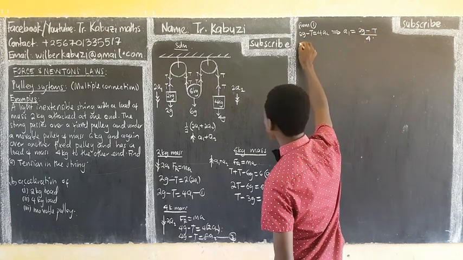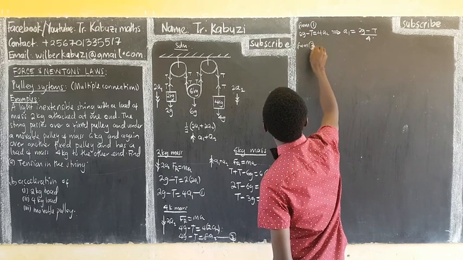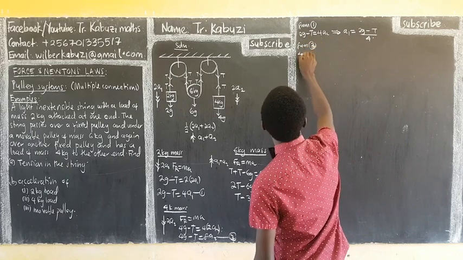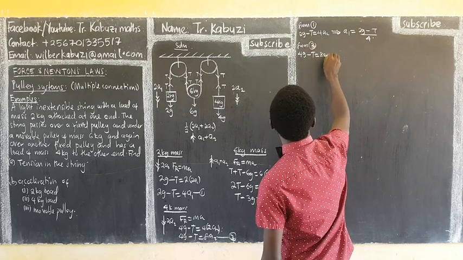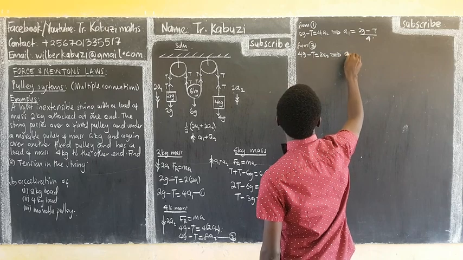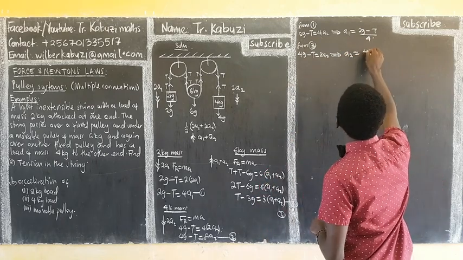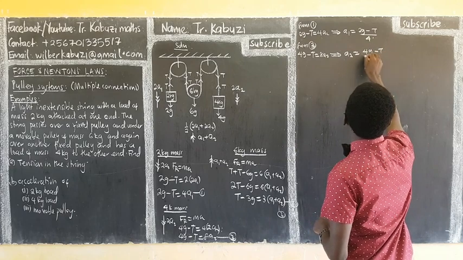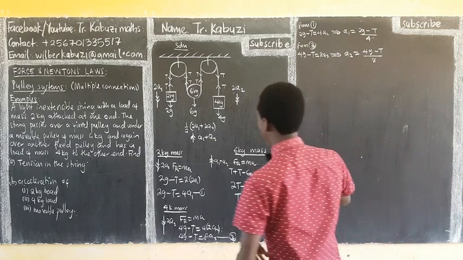Then from equation 3, 4b minus t is equaling 8a2. This implies that my a2 is going to be equal to 4b minus t, the whole over 8. Now I substitute them here.